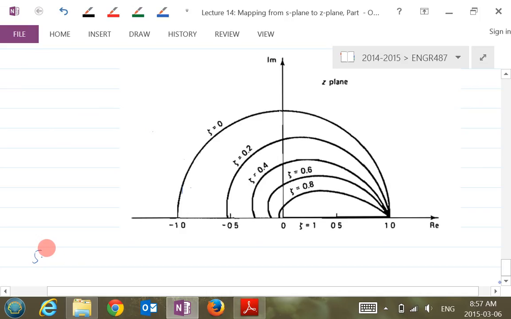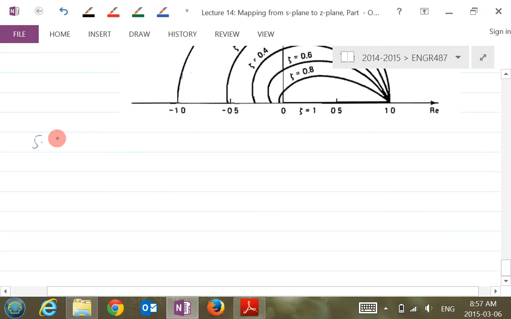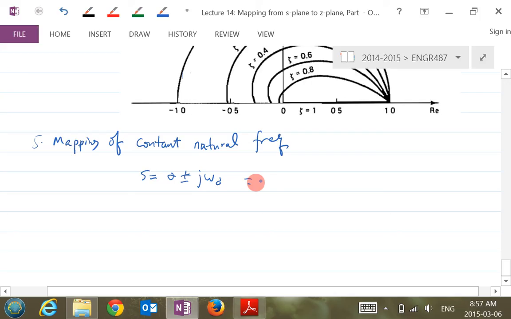Again, be careful, this is not a constant frequency, it's a constant natural frequency. The pole that we're dealing with is this, and the natural frequency is this omega n.